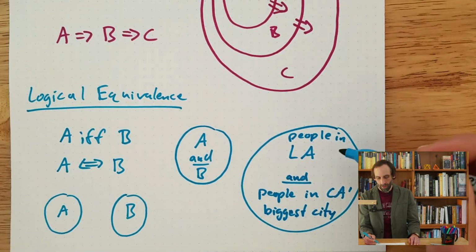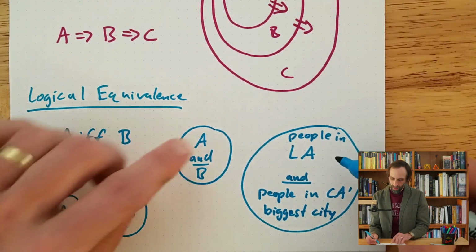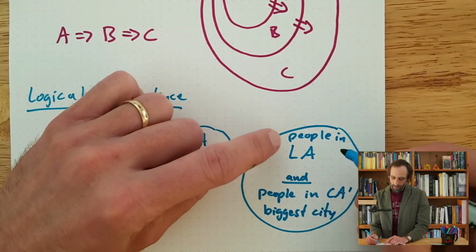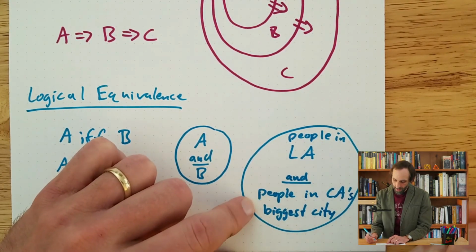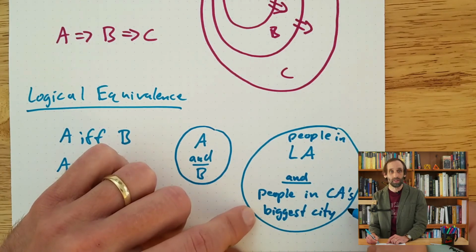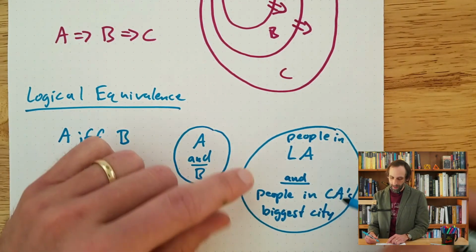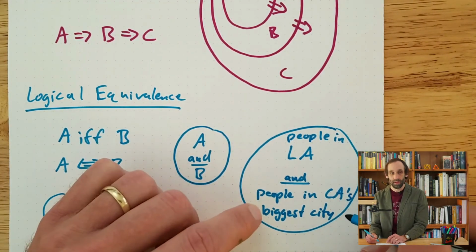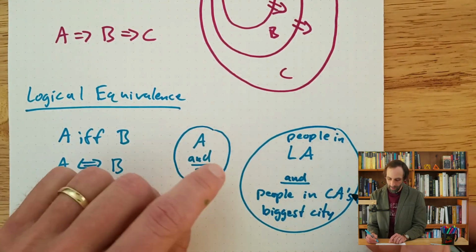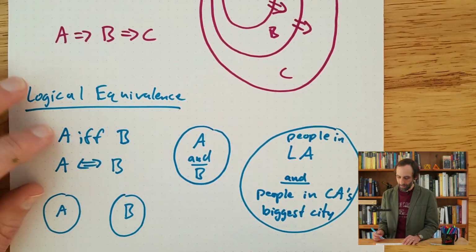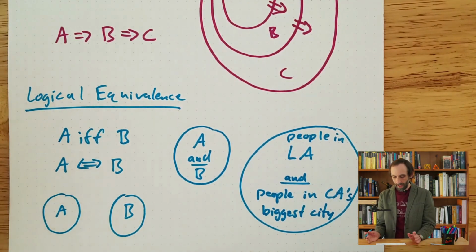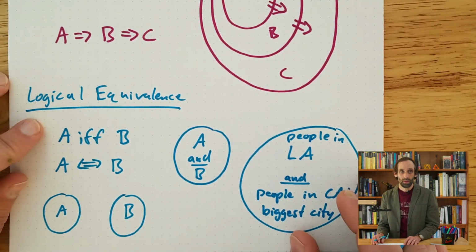So you're in LA if and only if you're in California's largest city. What that means is that if you're in LA, you're in California's biggest city, and if you're in California's biggest city, you're in LA, meaning these two sets are really just the same set. They're the same thing. And so that's what happens in the case of logical equivalence.